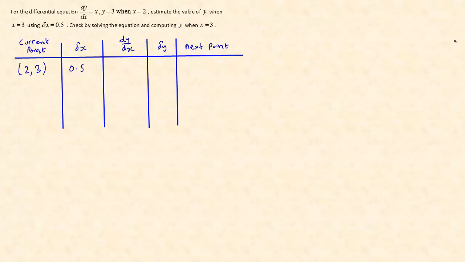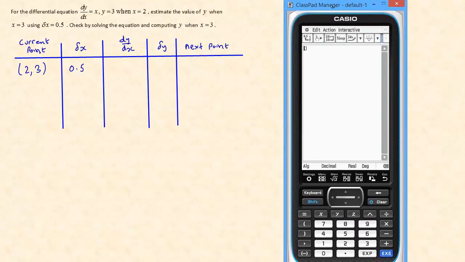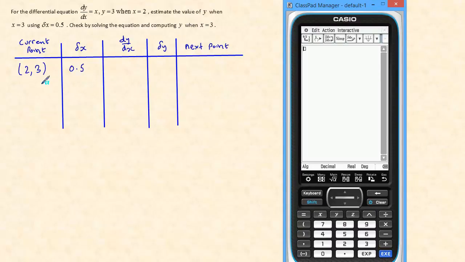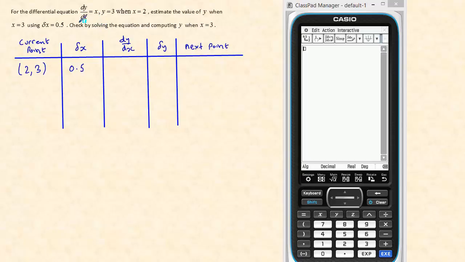So, we're starting at 2, 3. Our equation, dy/dx, is equal to x. So at this point here, dy/dx would be 2.